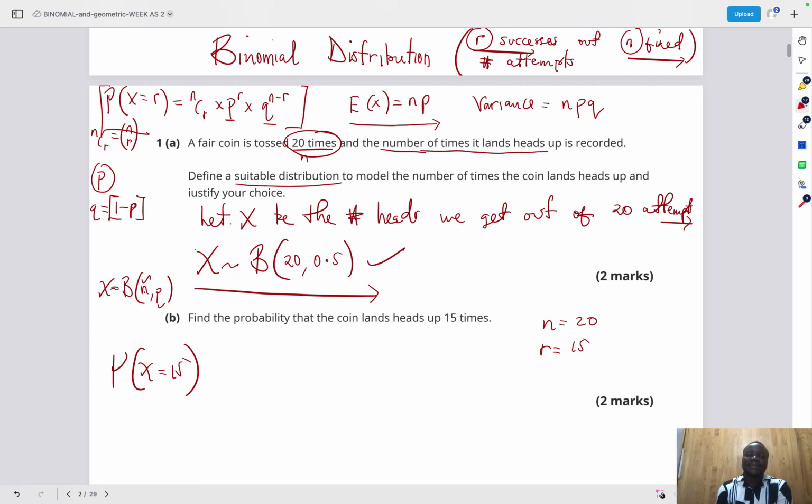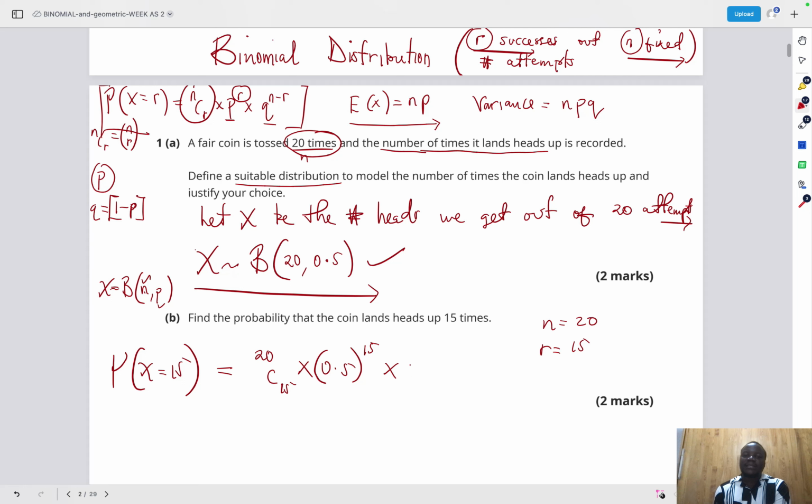Remember, we defined that let x be the number of heads we get, is equal to n choose r, which is this part here. Our n is 20, choose r, which is 15, times the probability of success, which is 0.5, because when you have a fair coin, heads and tails, they have 0.5 chances of occurring, and then r is the number of times we are successful, then times 1 minus p, which is q.